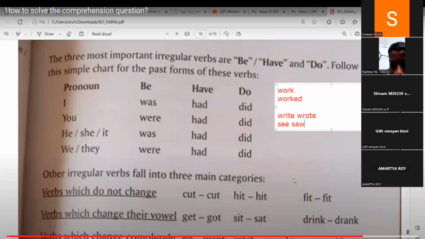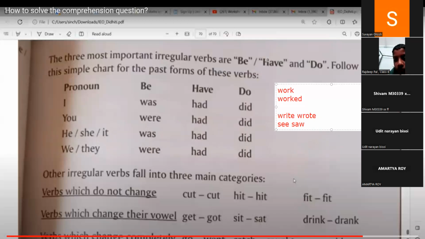Yes. These are known as irregular verbs, where, when we change the word from present to past tense, the whole word will change. Is it clear? Yes, sir. Ma'am, irregular verb is the same verb?